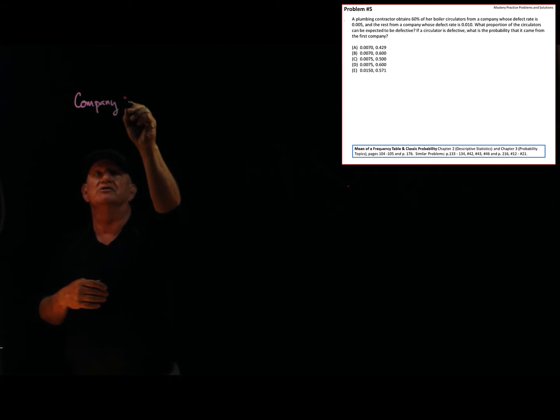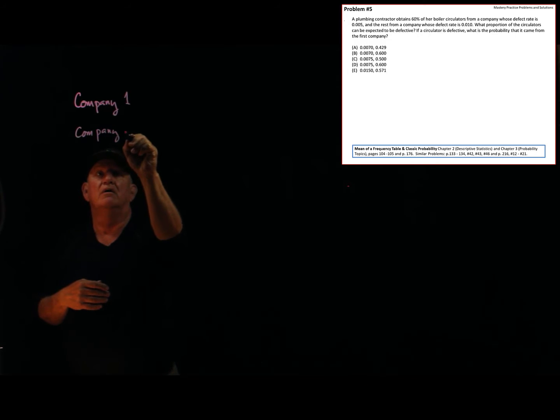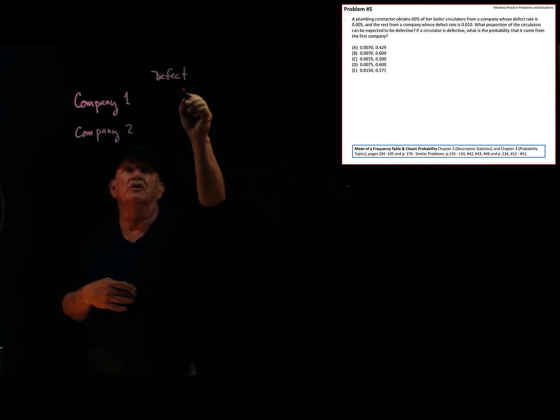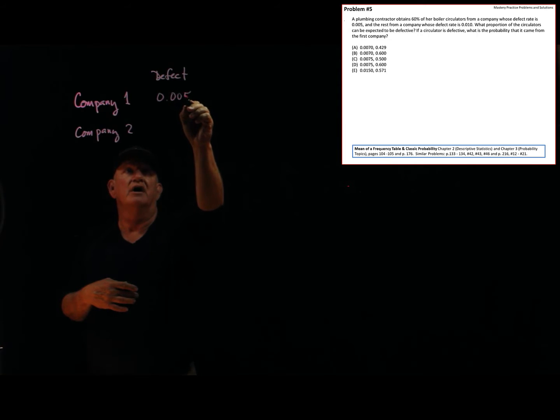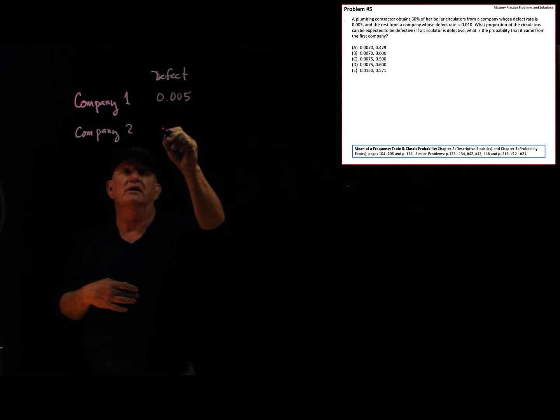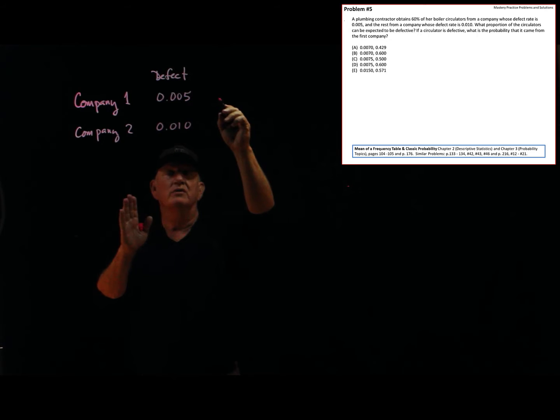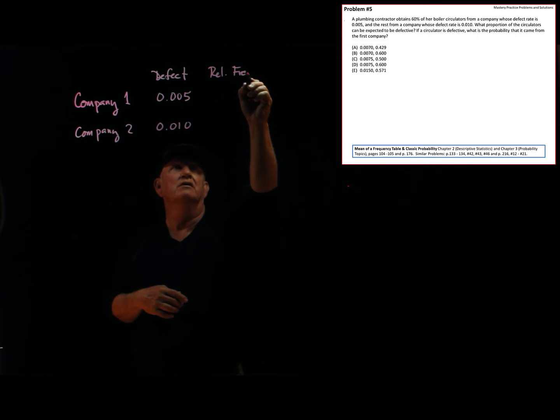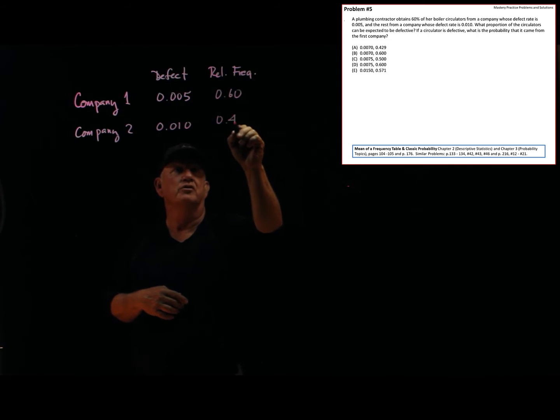The problem statement says there's company 1 and there's company 2. And the defect rate associated with company 1 is 0.005, and the defect rate for company 2 is .010. And the frequency, and I'm going to call this instead the relative frequency, is 0.60 and 0.40.